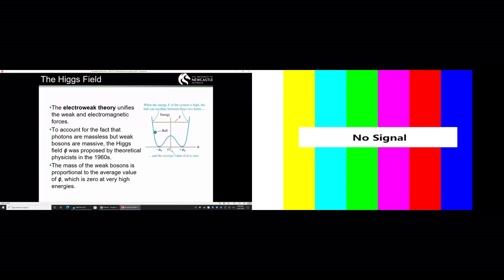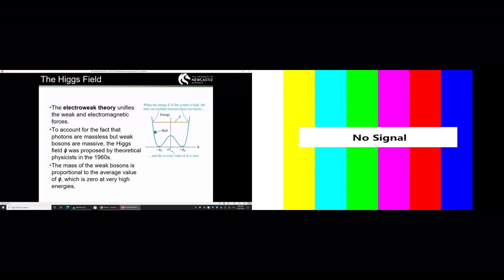On the other hand, the weak force is mediated by the W and Z bosons, and those are massive. Those have got a non-zero mass. And so how could an electromagnetic force, which is mediated by a massless particle, be equivalent to a force that's mediated by a massive particle? Those seem to be kind of fundamentally different things.